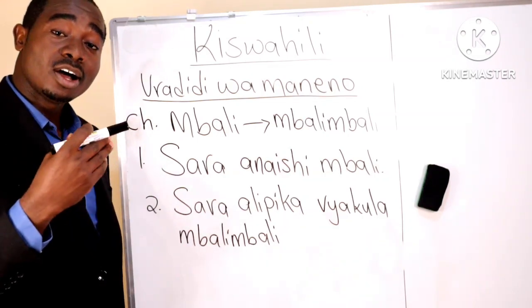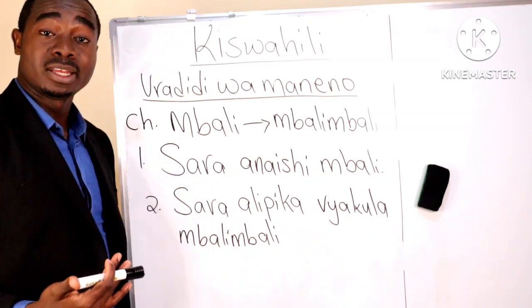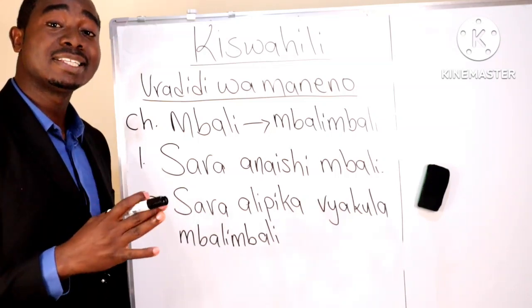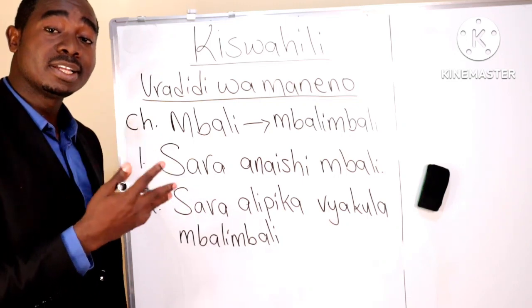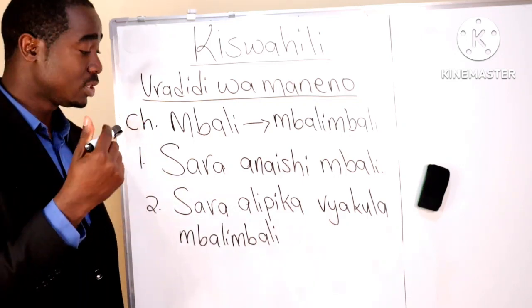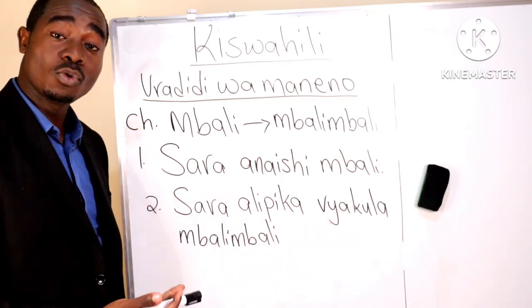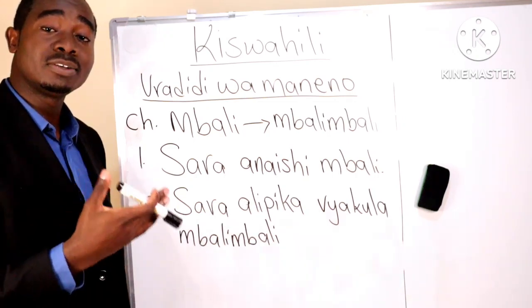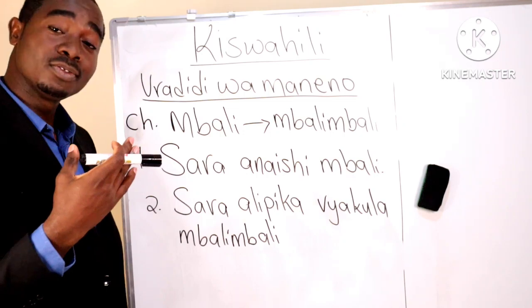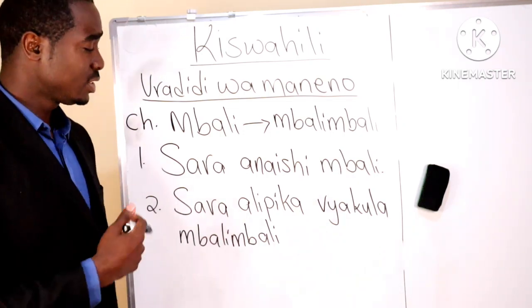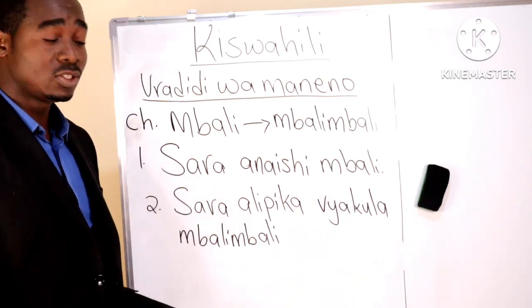Tuliona wanyama mbalimbali. We saw different kinds of animals. Tulikula vyakula mbalimbali. We ate different kinds of foods. Sawa? Let's go to the last one on our list today.